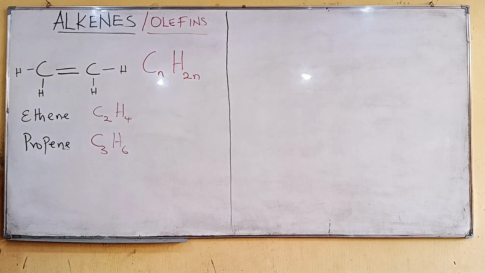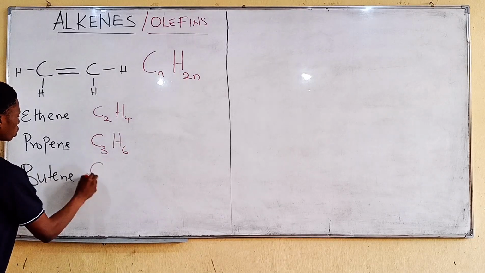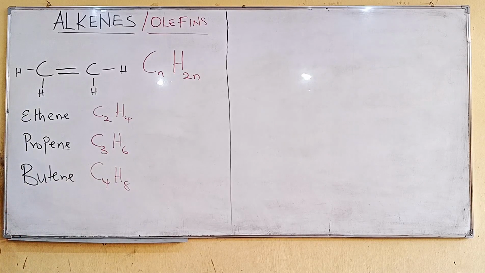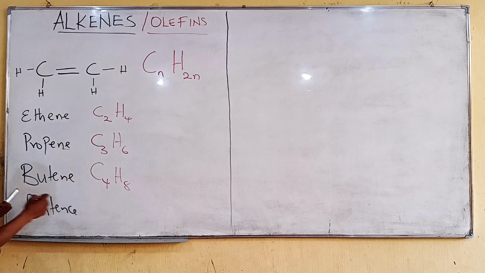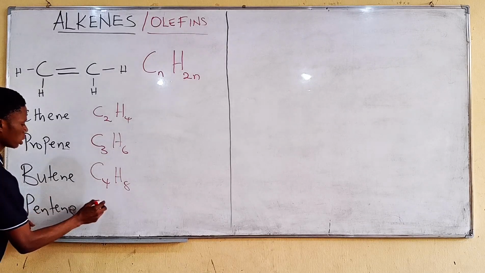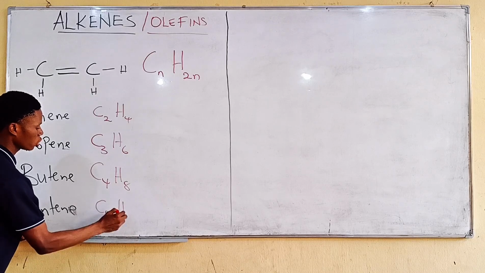Next one is what? Butene. So butene will be what? C4, H what? H8. The next one is pentene, and pentene will be C5, H10.